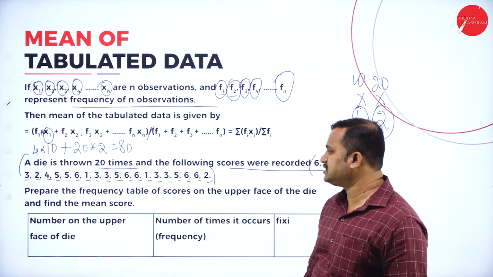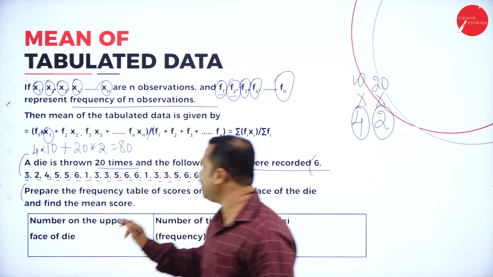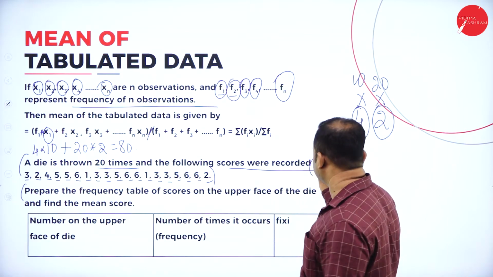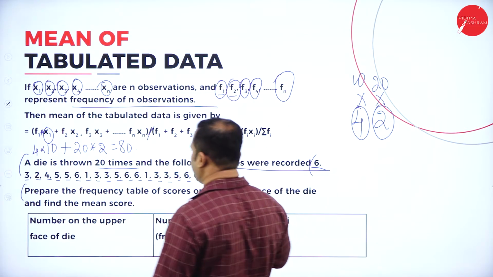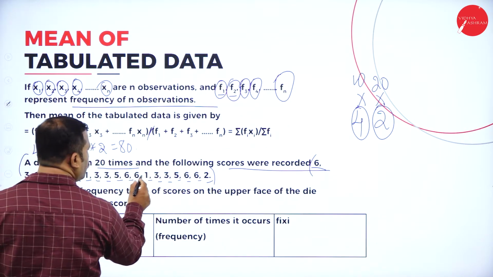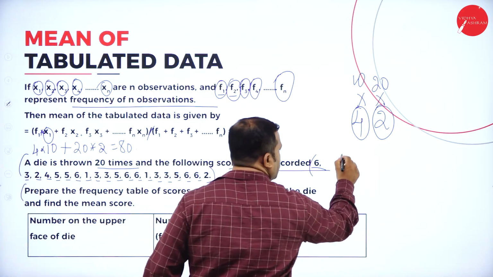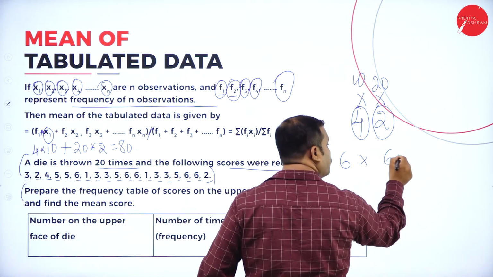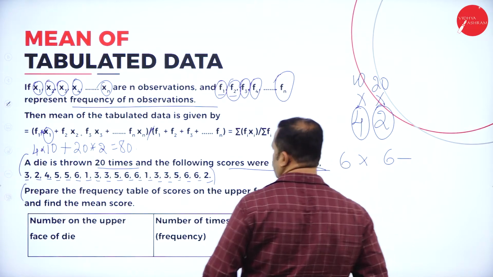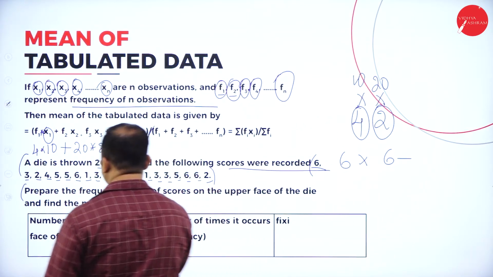If that is the case, we will prepare a frequency table. How many times is 6 appearing? 6 is appearing 6 times. What is the frequency? 6. 1 is appearing how many times here?